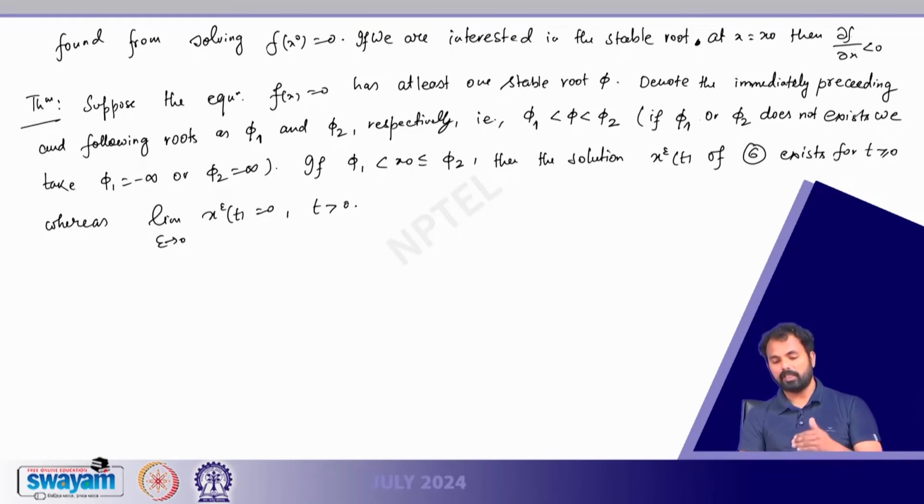Depending upon the roots of f of x epsilon, we can determine in what way the solution behaves. This is a small result; you can look into the proof if you like.